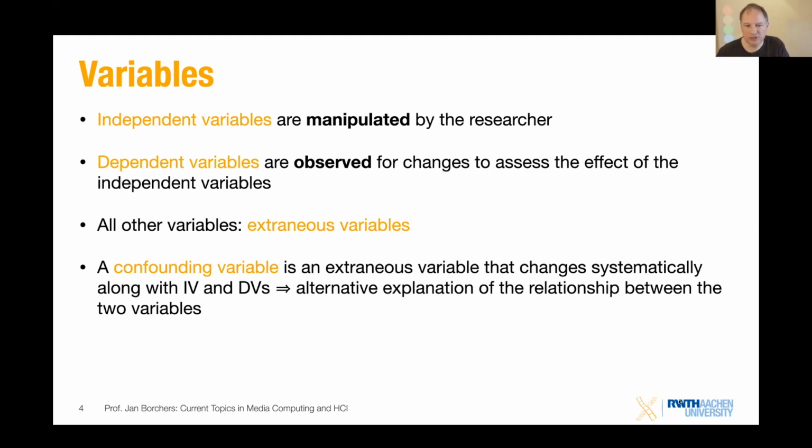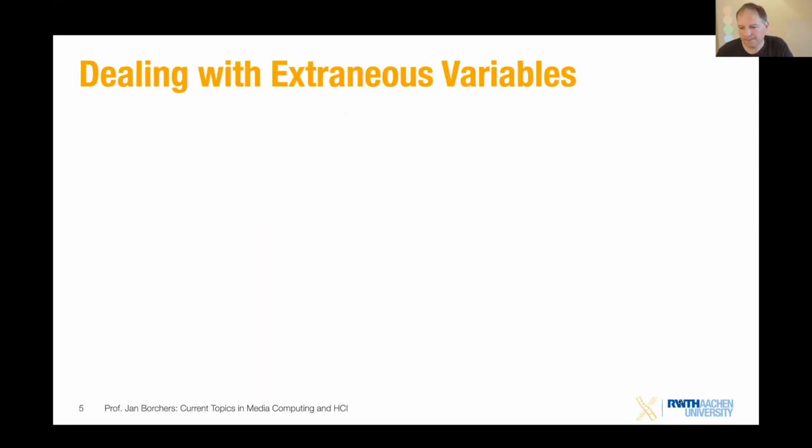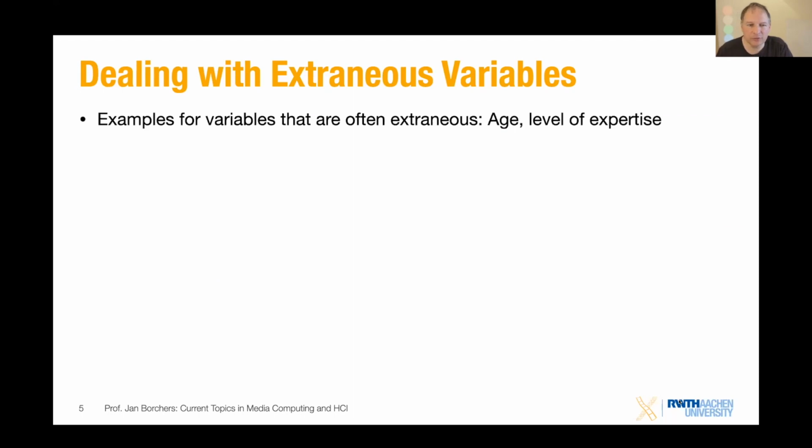Now, how do we deal with extraneous variables in general, the confounding ones and the other ones? Variables that are often, not always, but often extraneous to our experiments in HCI specifically are things like age or level of expertise. We often just collect a bunch of users and assume that the age of the users is not something we want to explicitly control.